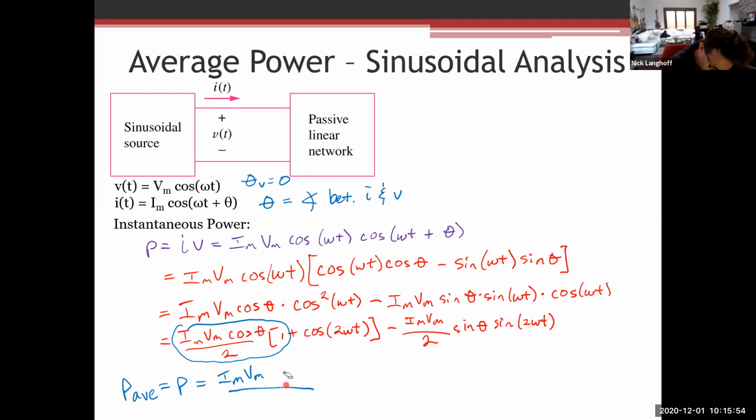Oh, that came out some kind of weird. What did I just do there? Okay, there we go. Imax Vmax times the cosine of theta over 2. In fact, I'm just going to write it that way. This will look more similar to how we're going to write it in later slides.